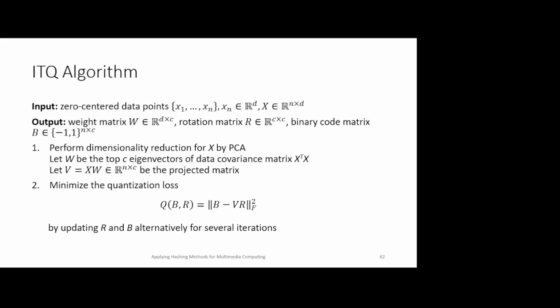Now your original data is X, which is D-dimensional, but after the projection by PCA, we get a new vector V. V's dimension is C. We use this to reduce your dimensionality. It's a very common technique.